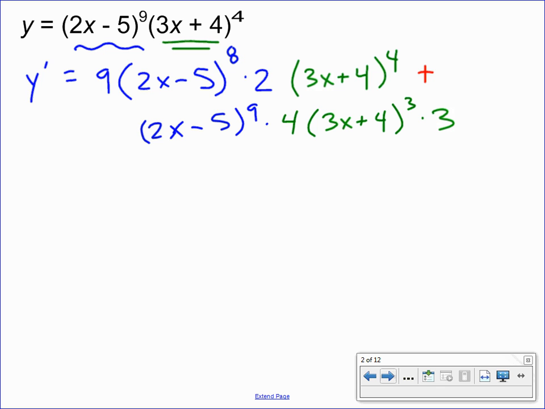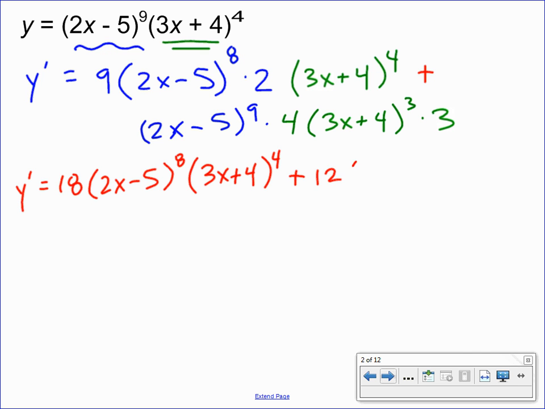We've got a 9, we've got a 2, so our first term looks like a coefficient of 18, 2x minus 5 to the 8, 3x plus 4 to the 4th, plus, how do we do? Okay, second term, 4 times 3 is 12, quantity 2x minus 5 to the 9th times quantity 3x plus 4 to the 3rd, yes? Awesome.